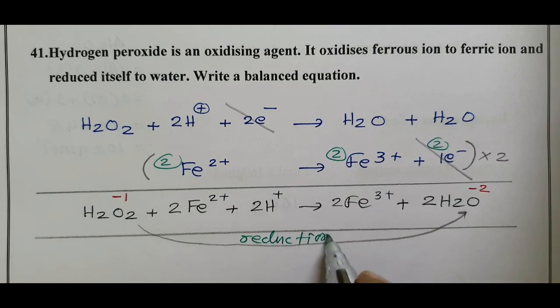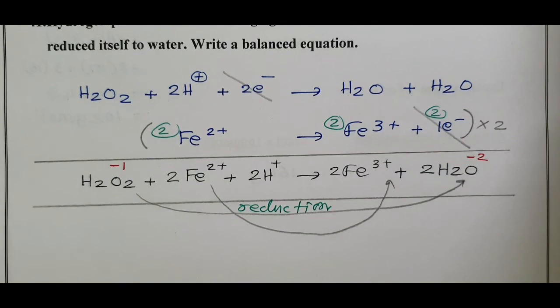Hydrogen peroxide is reduced to water. At the same time, the iron oxidation state goes from 2 plus to 3 plus, the oxidation number increases, therefore it is called oxidation. Hydrogen peroxide oxidizes ferrous ion into ferric ion.